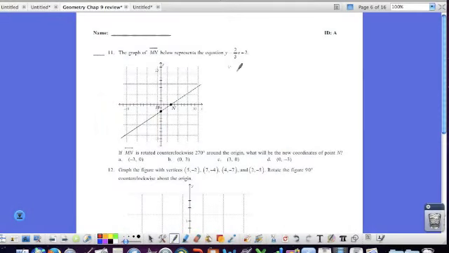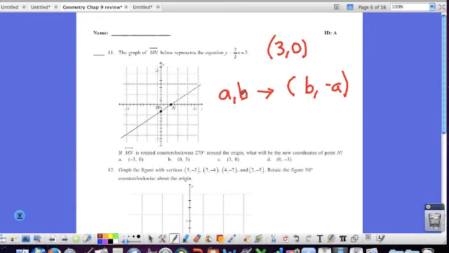The graph below represents that equation. We're going to rotate this counterclockwise. So I have to remember our rule for a counterclockwise 270 rotation: (a, b) becomes (b, -a). So point N is at 3, 0. This is my a value.